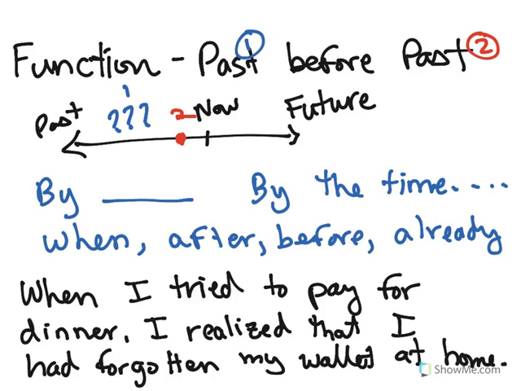Okay, so here the second action is that I tried to pay for my dinner. The first action is that I had forgotten my wallet at home.